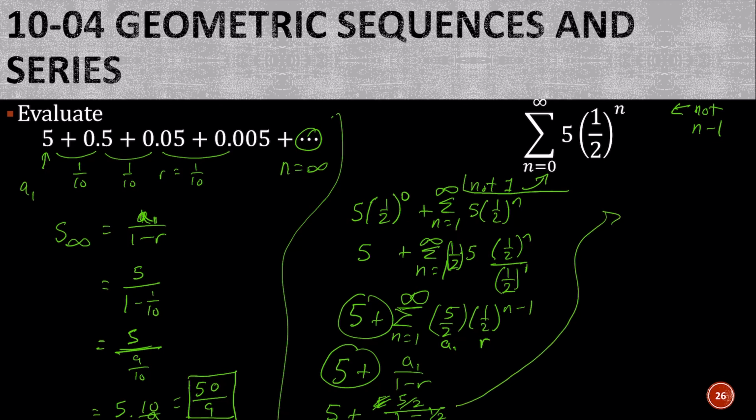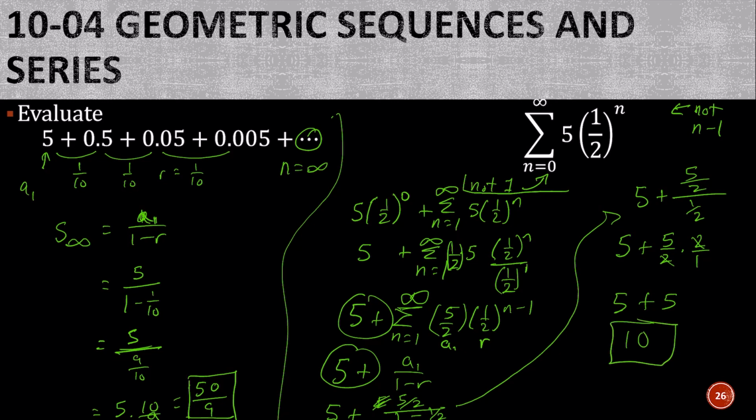Go up here so I have space. Okay, so I have 5 over 2. 1 minus 1/2 is simply 1/2. Dividing fractions, so multiply by the reciprocal. And you see the 2's cancel. I have 5 plus 5, which is 10. So our sum is 10.